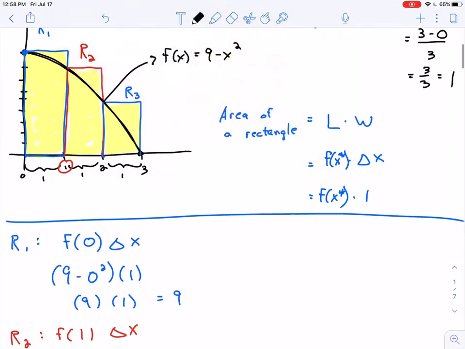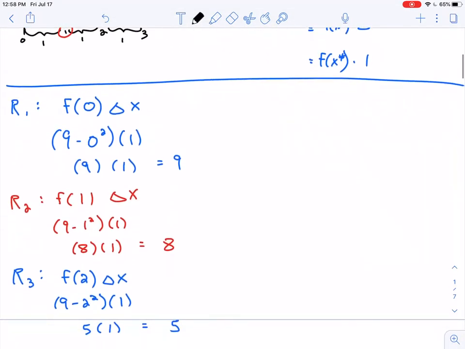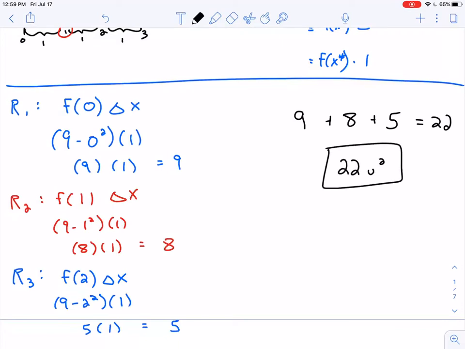So I'm going to take 9 plus 8 plus 5. Let's see, 9 plus 8 would give me 17, plus 5. My approximation is 22. So 22 square units is my approximation for the area under the curve.